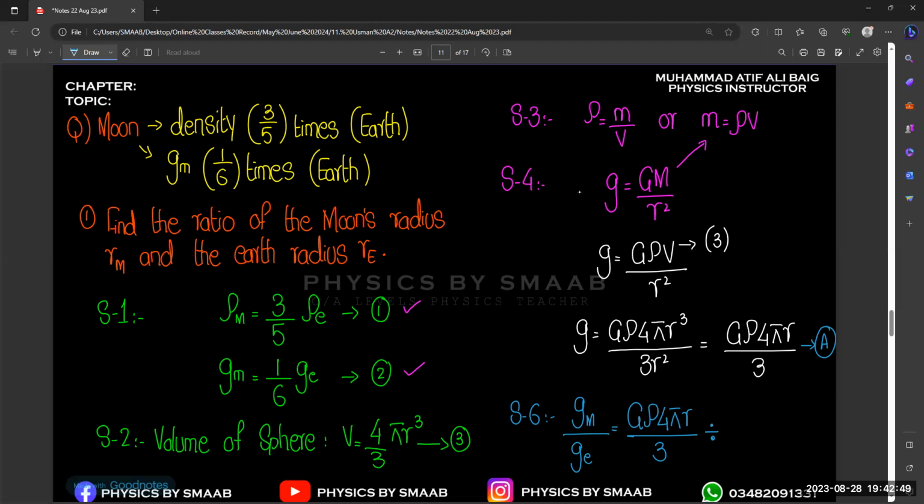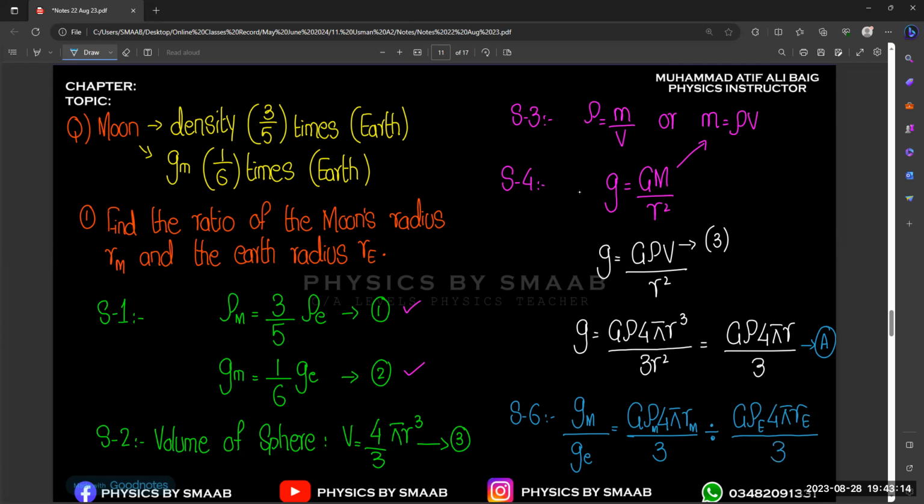So I'm writing it separately. The first one is for the moon, because first we need to write the ratio of the moon, and this is the radius of the moon. And second we need to write for the earth. Okay, clear? Okay.